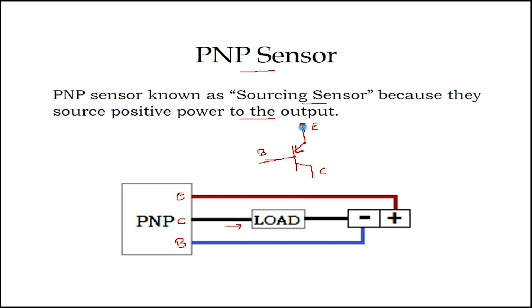Always the emitter terminal will be connected to the positive of the power supply, and the base terminal will be connected to the negative of the power supply, and the load will be connected at the collector side. When the transistor or sensor gets activated, the power will start flowing from the emitter to collector.